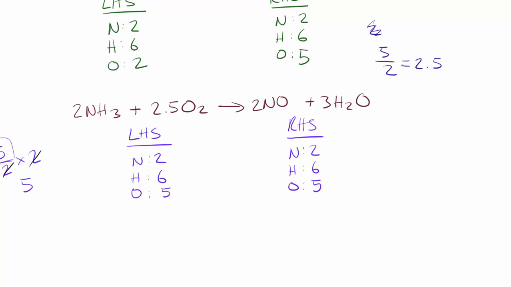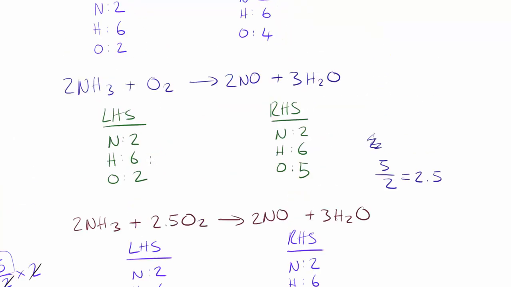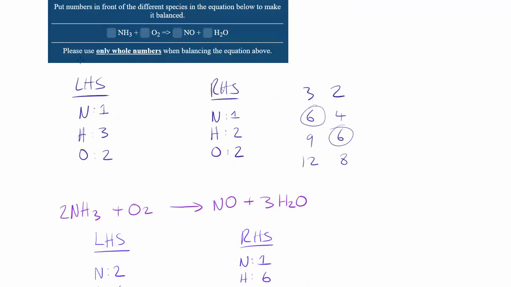If we compare the number of these elements now with what we have here, you can quite clearly see that now we've got 265 NH₃O and 265. So this is balanced at this stage. However, there's an issue, which is that our question specifies please use only whole numbers when balancing the equation above.